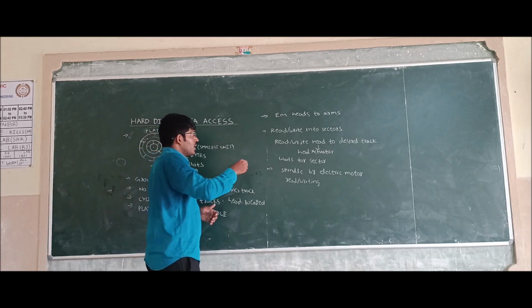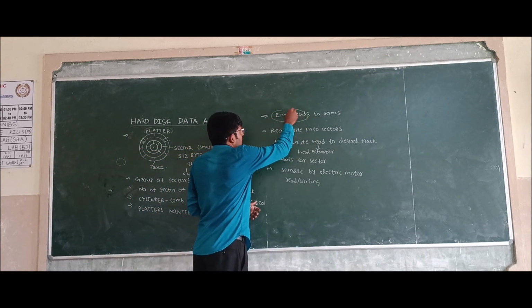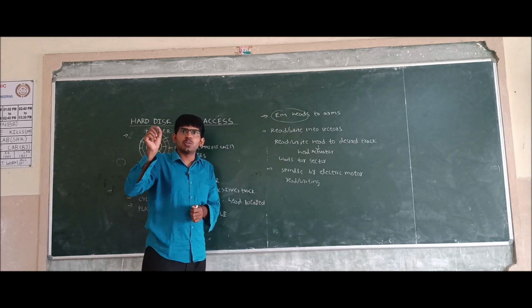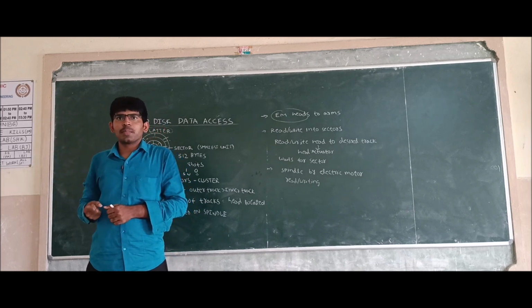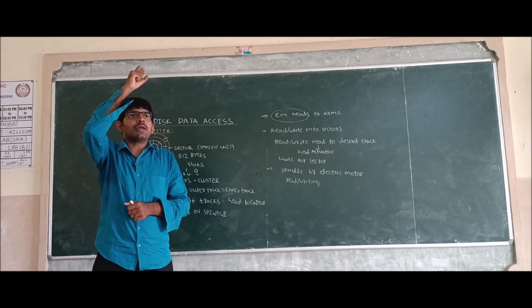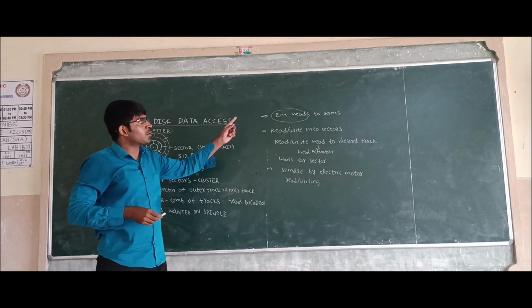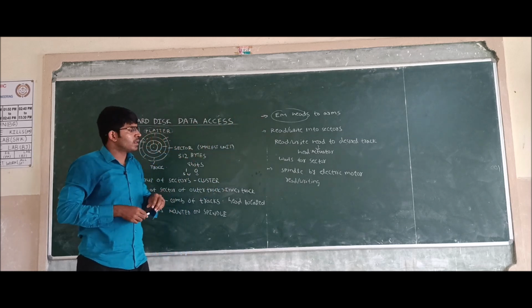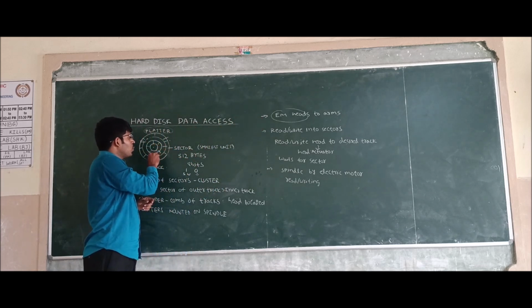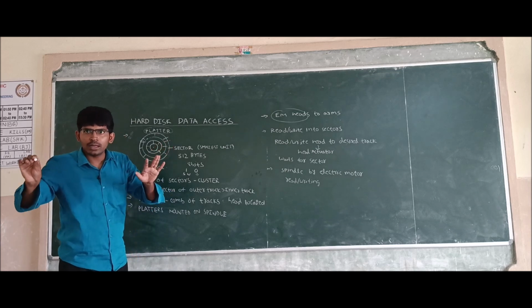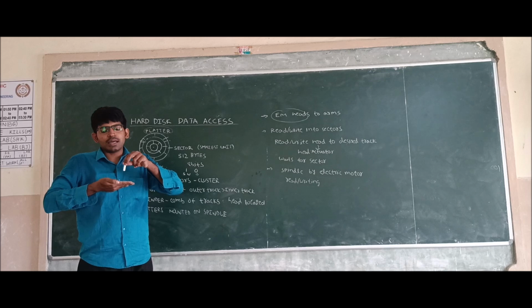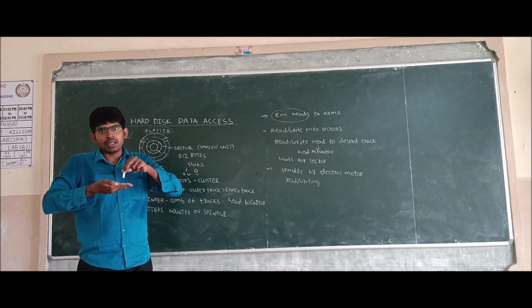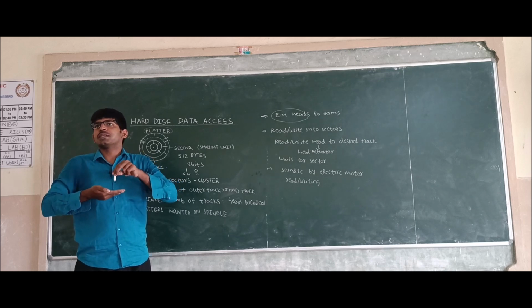We are using an electromagnetic head because nobody will be there in the computer to move that head manually. It has to move automatically. So this is an electromagnetic head. This head will be moved to a particular location. For example, if that particular sector comes under this head, then that head will write the information.